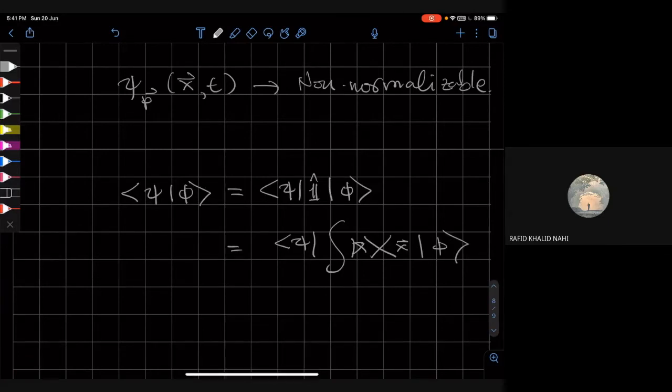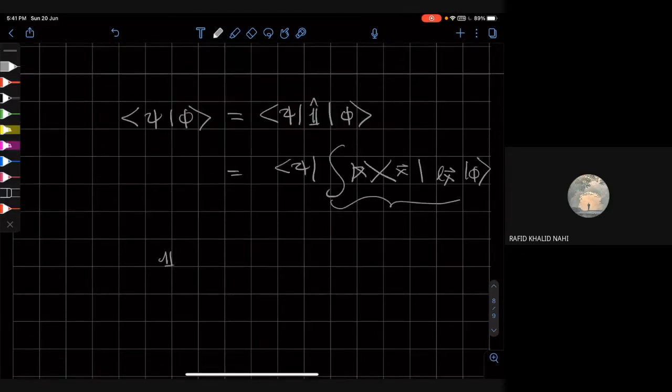Sorry, let me, there should be a dx phi. So this is nothing but the decomposition of identity, right? But now, because the eigenvalues are continuous, this is an integral instead of a sum.